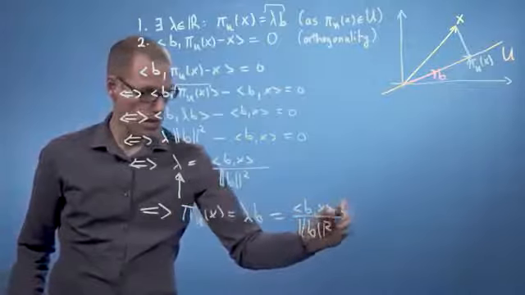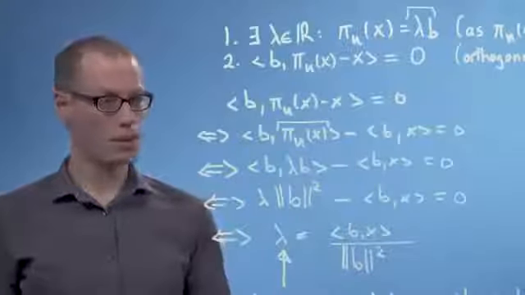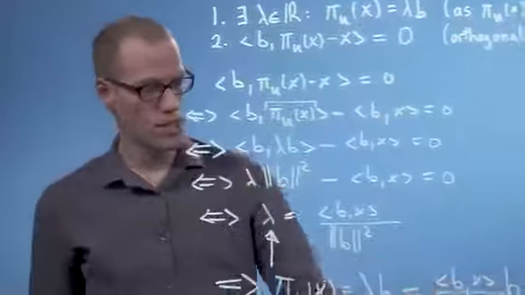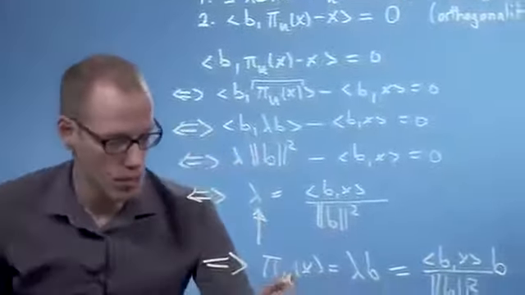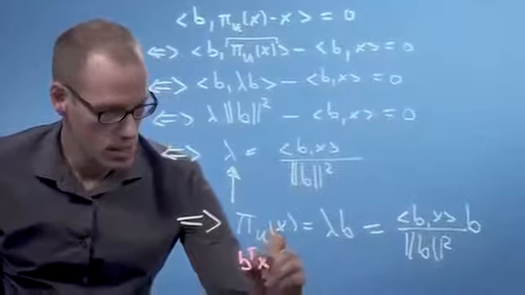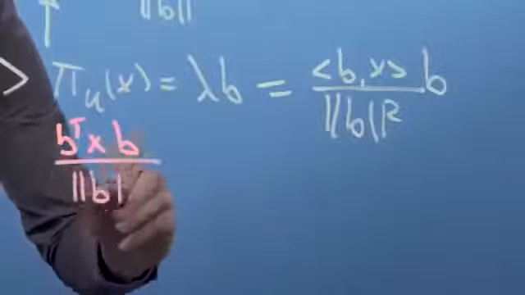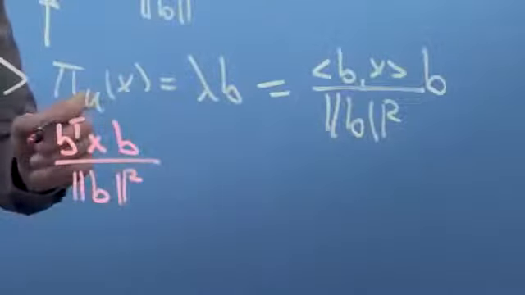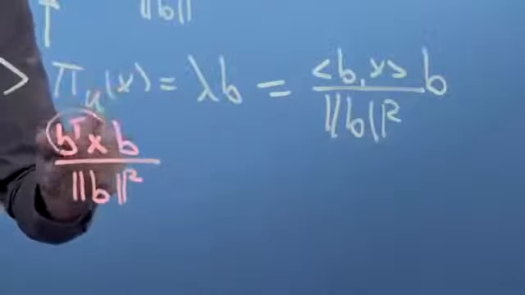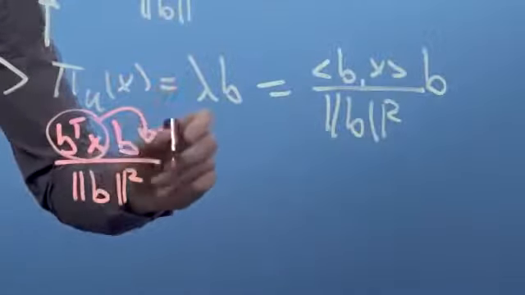If we choose the dot product as the inner product, we can rewrite this in a slightly different way. So we would get b transpose times x times b divided by the squared norm of b. Now, given that this one is a scalar, we can just move it over here.